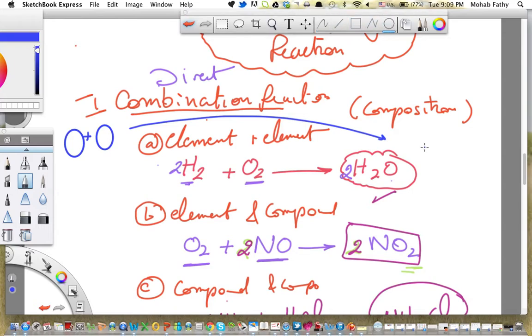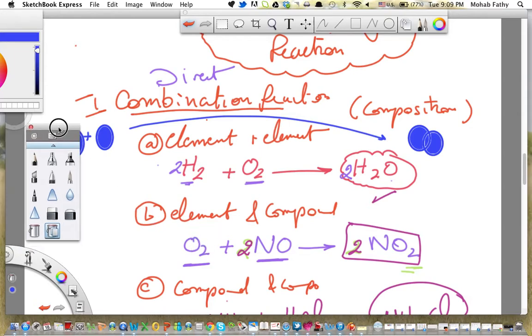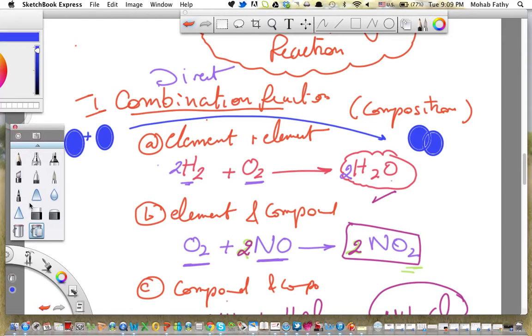I'm giving you an example visually so you keep it in your mind. Here we put element plus element to give a compound. This is an example of combination or composition. Another example is a combination between an element and a compound.